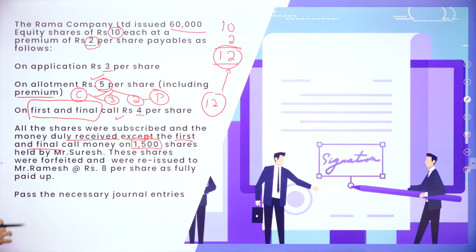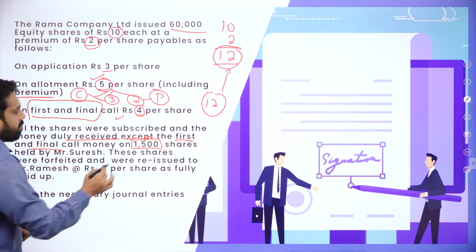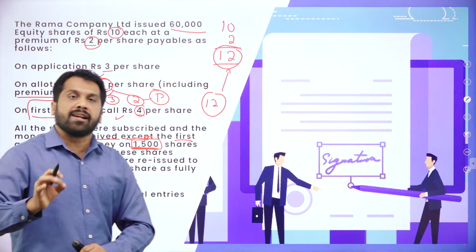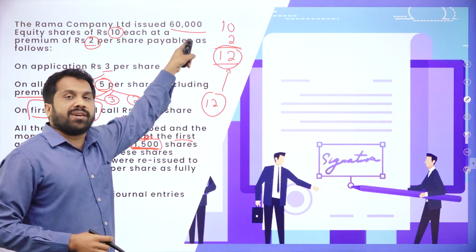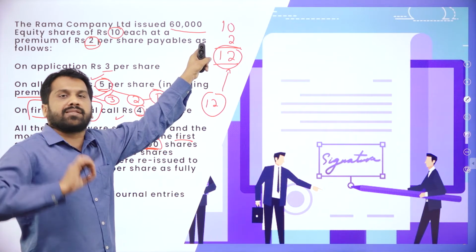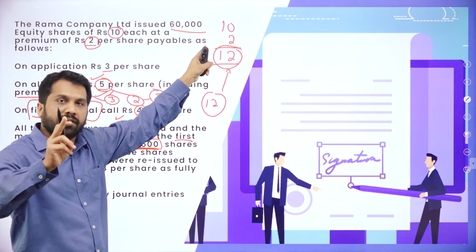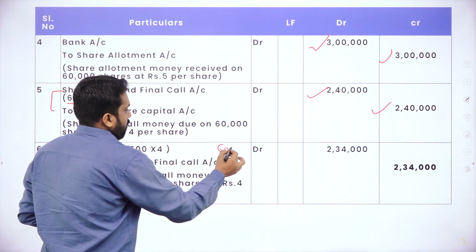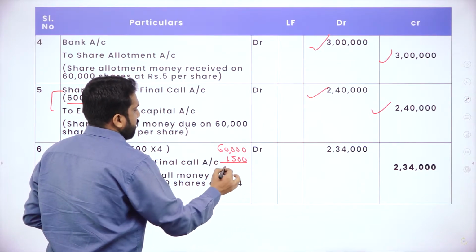See, in your question, your first and final call money is how much? 4. How many members have not paid? 1,500 members have not paid. How many members are there? There are 60,000 members. Out of 60,000, 1,500 members have not paid. How many members have paid?